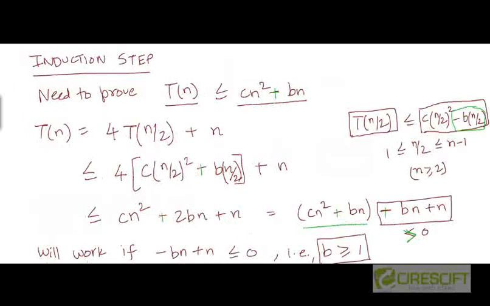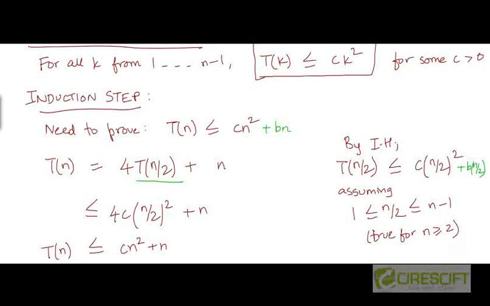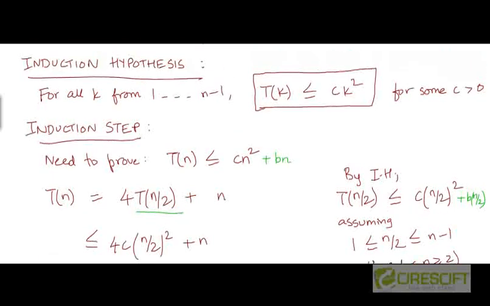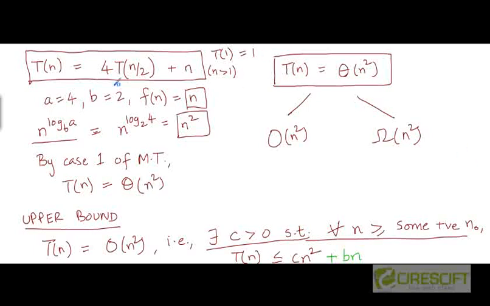And having proven earlier that T of n is also in big O of n square, we have managed to prove the original guess as correct. We guessed that the solution to this recurrence is theta of n square, and we have proven both these claims. We have proven that T of n is in big O of n square, and this was not a straightforward proof.